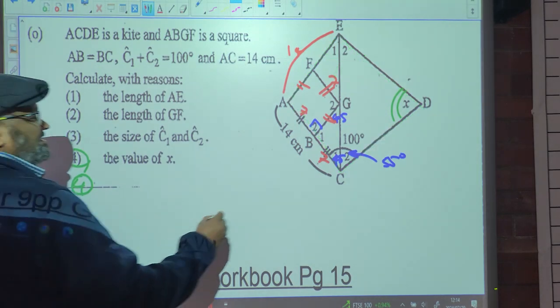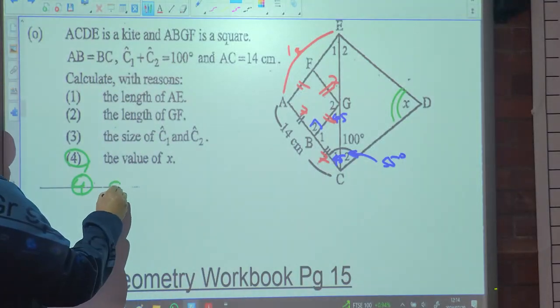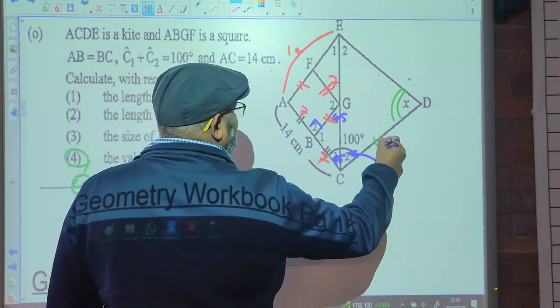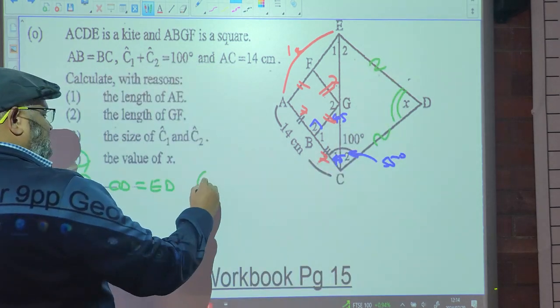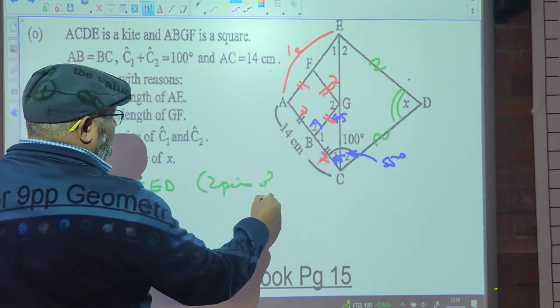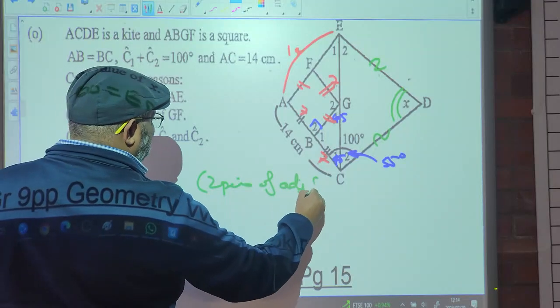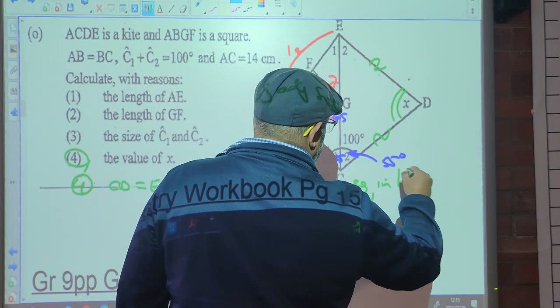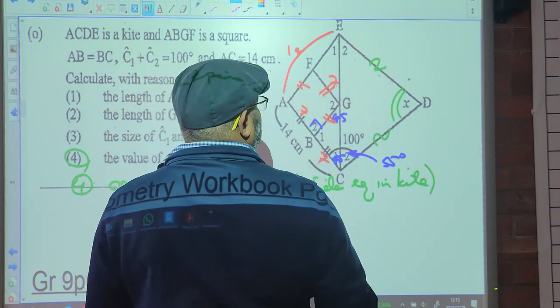So we're saying firstly that CD is equal to ED. Why is that equal? Because two pairs of adjacent sides are equal in a kite.